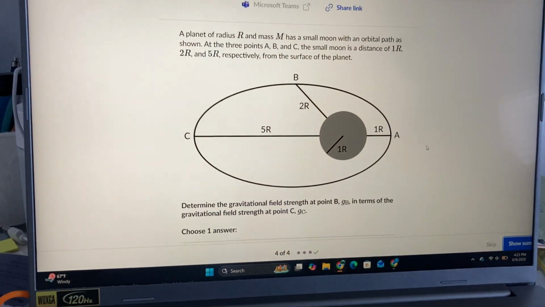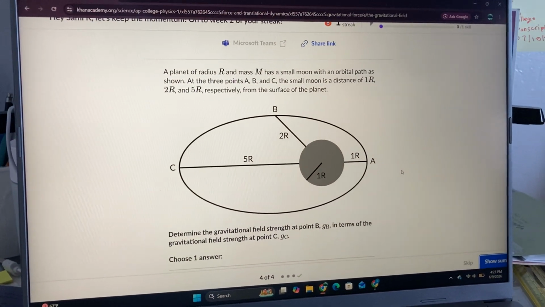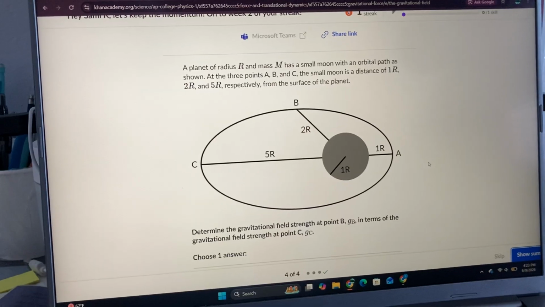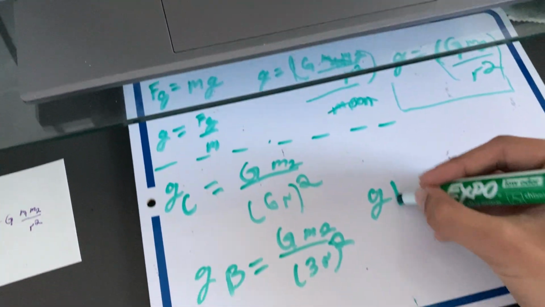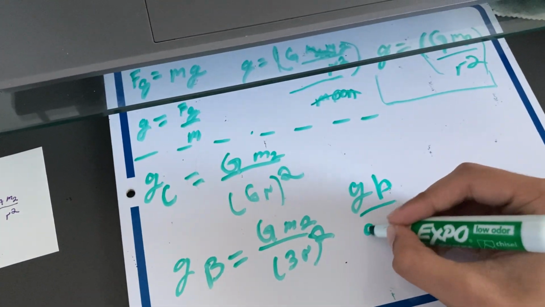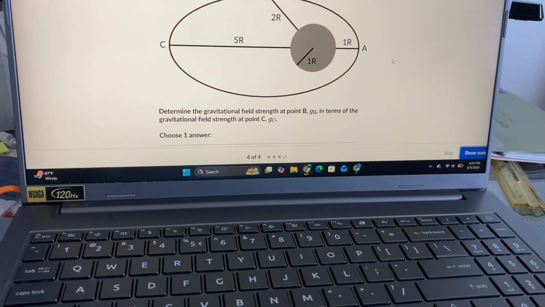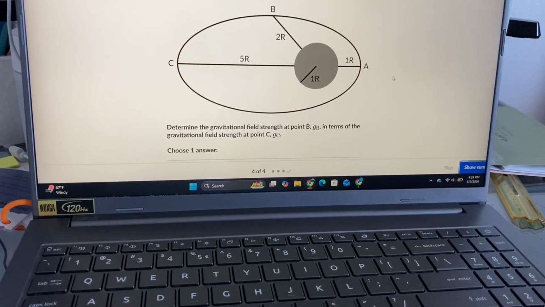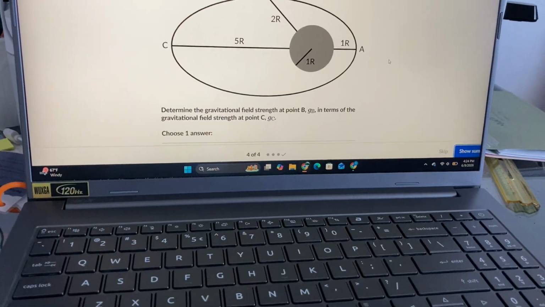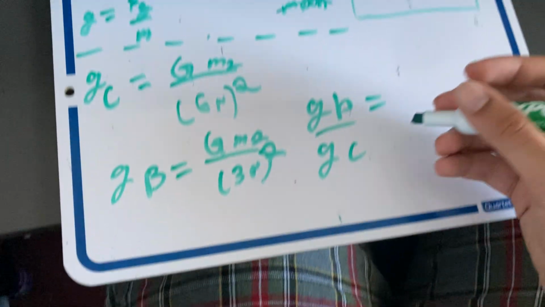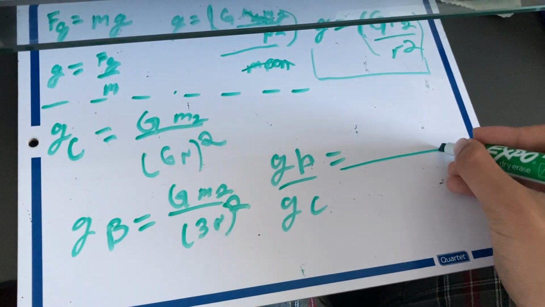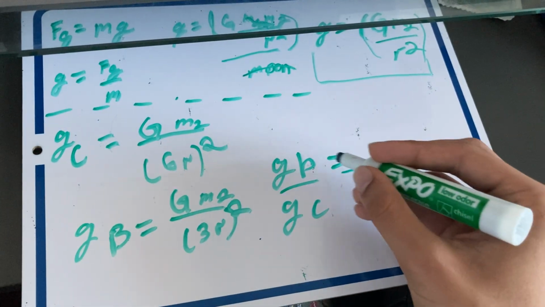In order to determine GB in terms of point C, pretty easy stuff, you're just going to put GB over GC, to determine the gravitational field strength at point B, GB, in terms of the gravitational field at point C. So here's what's going to happen.